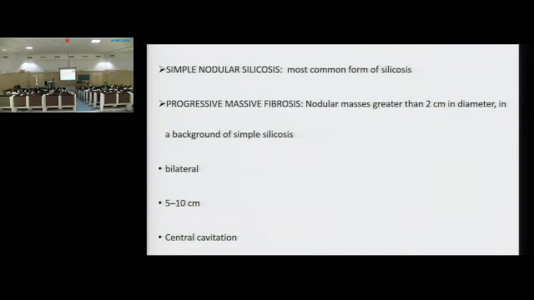Otherwise, these patients can develop progressive massive fibrosis, where nodules are usually greater than 2 cm in diameter on a background of simple silicosis. In simple silicosis, the nodules are small and can be bilateral. In progressive massive fibrosis, the nodule can be as big as 5 to 10 cm, and may have central cavitation inside.